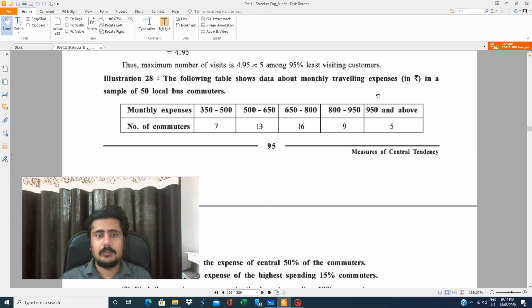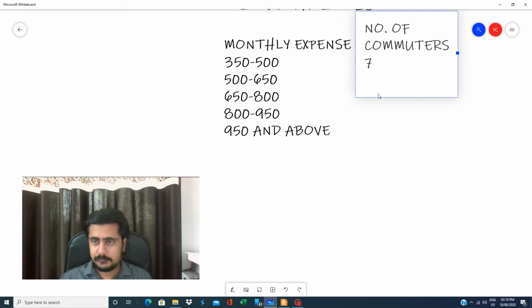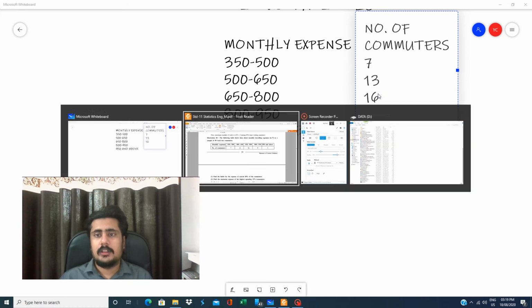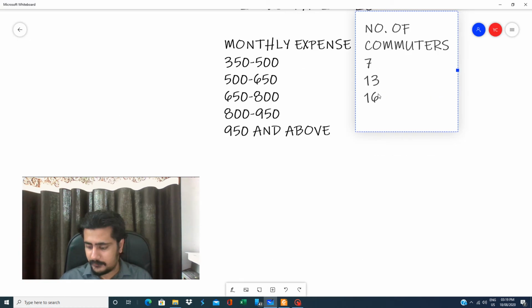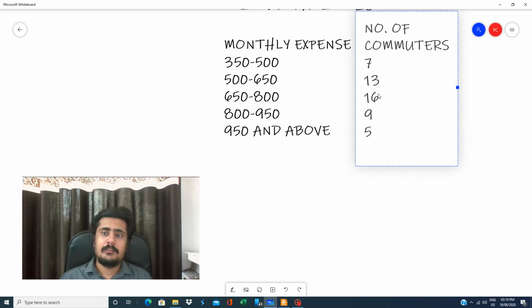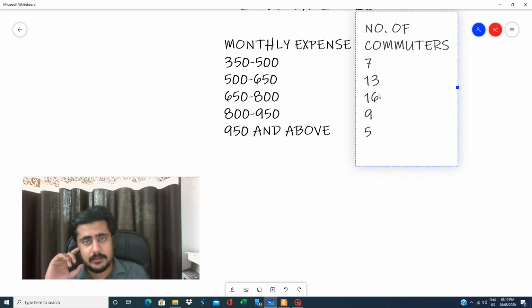What is the number of commuters? 7, 13, 16, 9, 5. What is the total of this? 7 and 13 is 20, 36, 45 and 50.